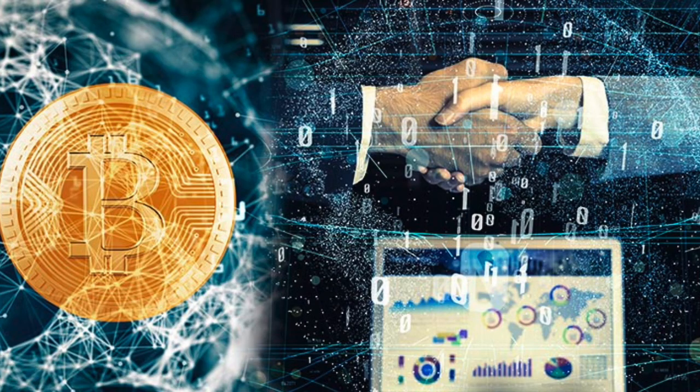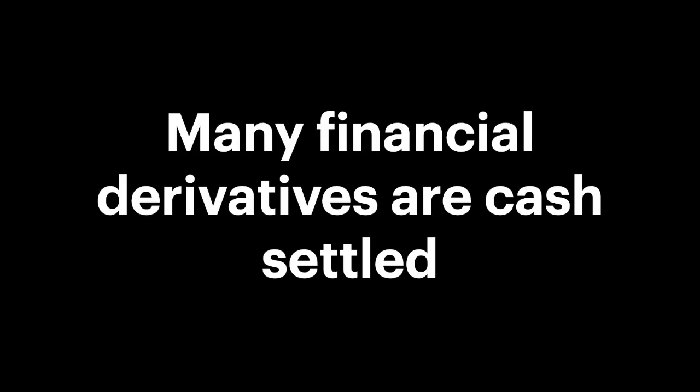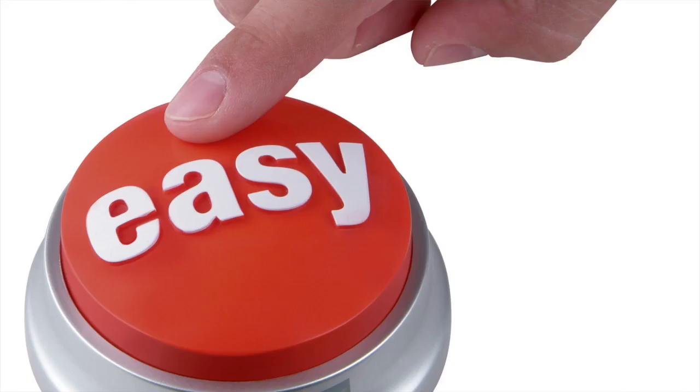Cash settlement is the more popular settlement method for cryptocurrency futures because of the convenience and instantaneity the method offers. More broadly, because of its popularity, many financial derivatives, such as options and futures contracts, are cash settled. Cash settlement is the more simple and convenient mode of settlement for obvious reasons.